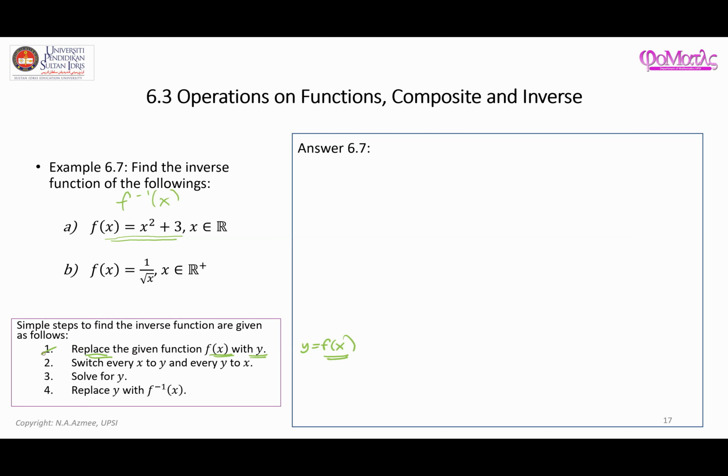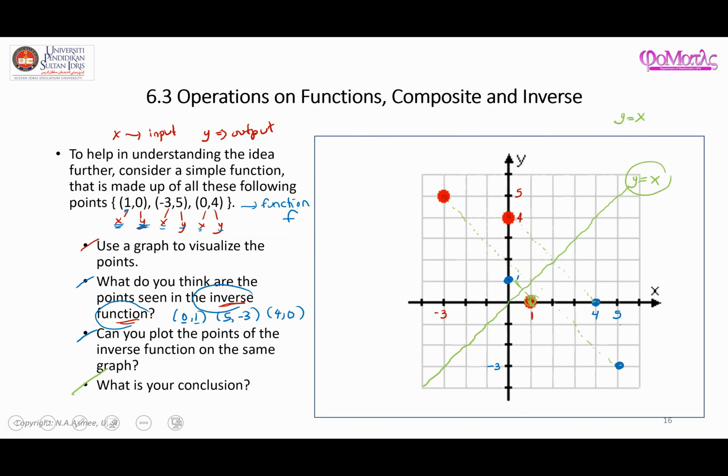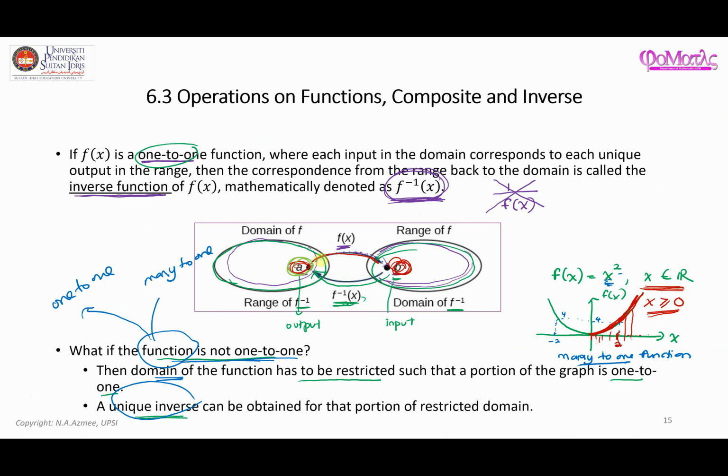Now, the next step is to switch every x to y and every y to x. Why are you doing that? Well, it goes back to the simple idea of inverse function, where here is the input, and now is the output in f. But if you are talking about inverse function, this becomes input and this becomes output. So you are reversing the role of input and output.